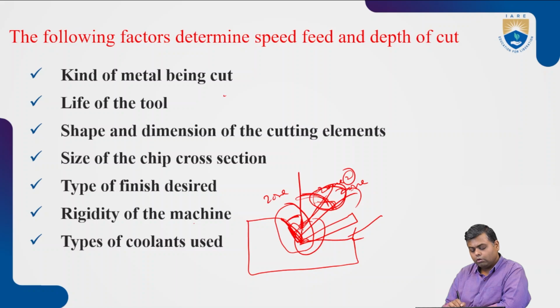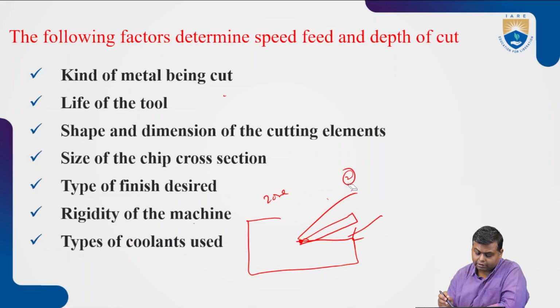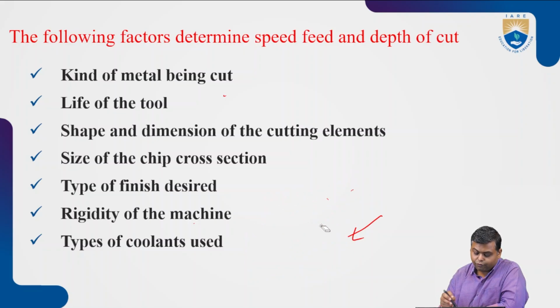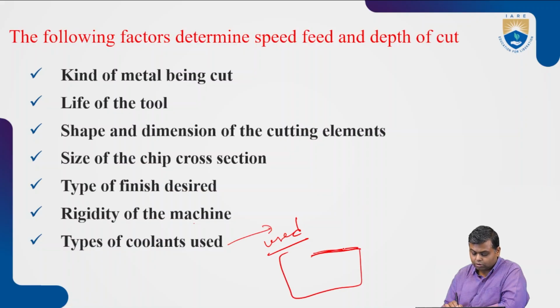Zone 2 creates very much friction on the tool surface. To overcome that friction, you need to use coolant. If you use heavy speeds, feeds and depth of cut, coolant usage is highly recommended. Similarly, the third zone is the finished zone.